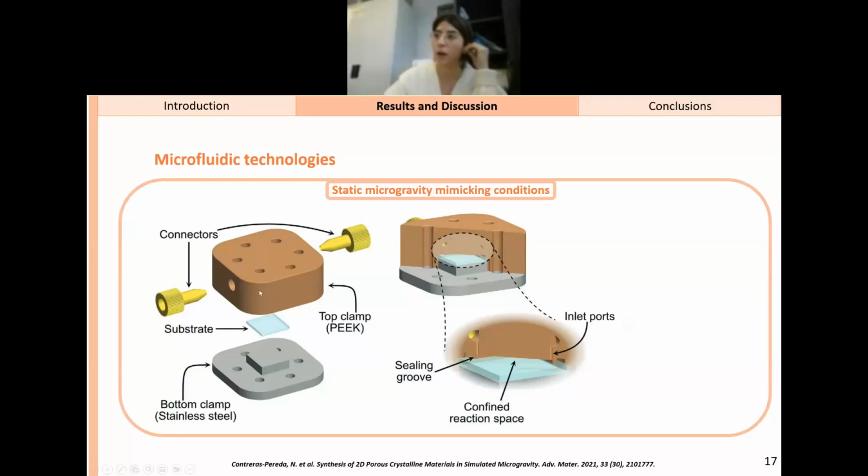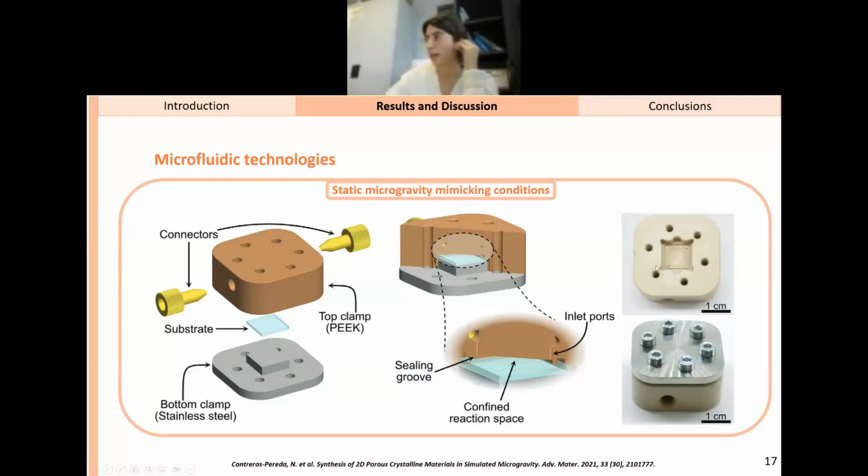After that, you close the device with screws, and here you can see the confined reaction space where the reaction takes place. This is an image showing the chamber and how it is sealed, and through these inlet and outlet ports you can see here, the chamber can be filled.